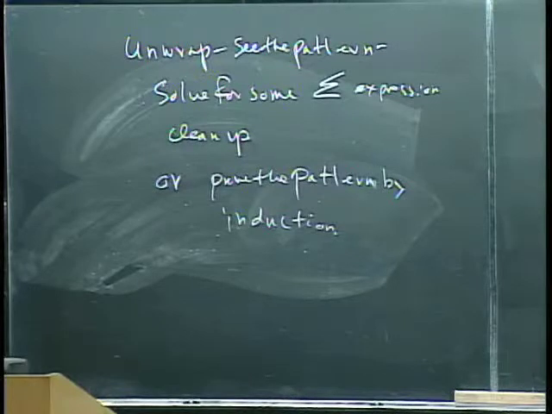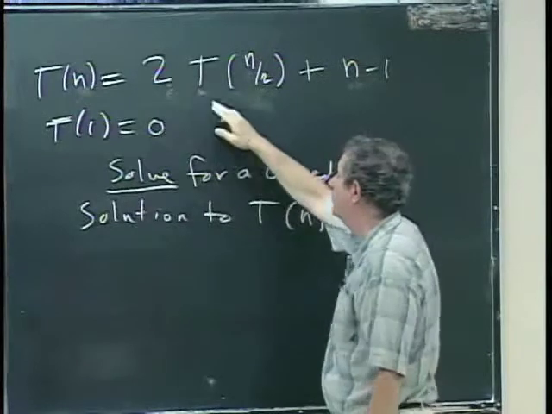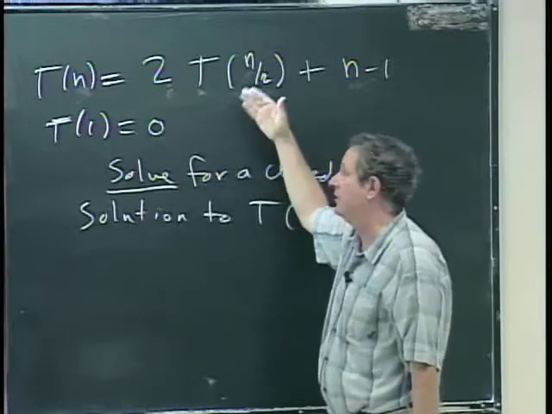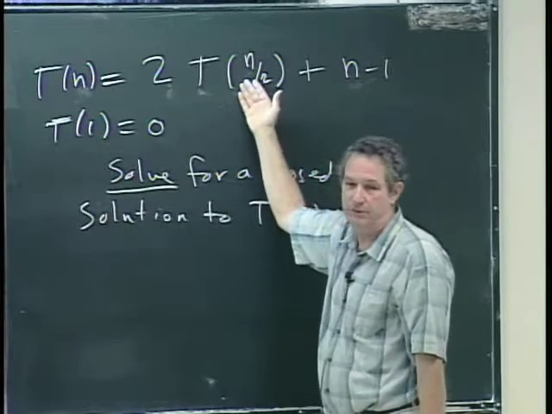Now this is just a matter of experience to some extent. N here is being divided by 2 each time. We also have a multiplicity of 2. That may be confusing the next point I'm going to make. But n divided by 2 here suggests that a good value for n to make things natural is going to be a power of 2.